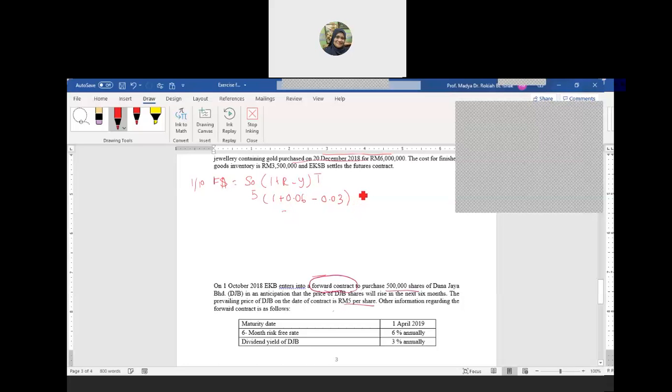And then your T here is from October until the maturity date, which is 1st of April. So from October until April you have 6 months. So 6 months here is 6 divided by 12, so this one is 1/2.